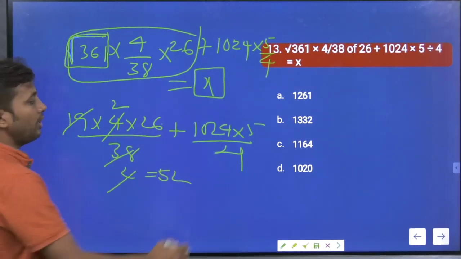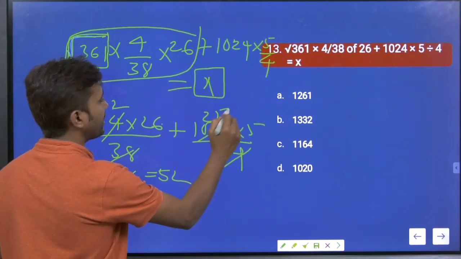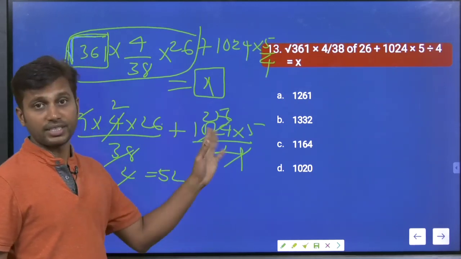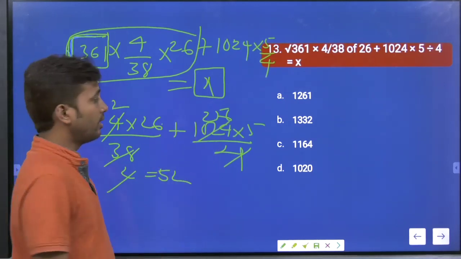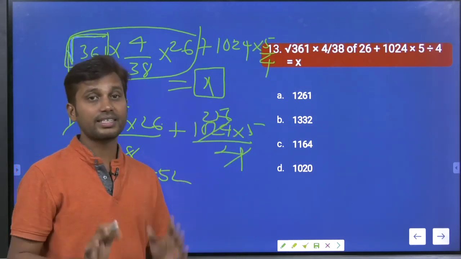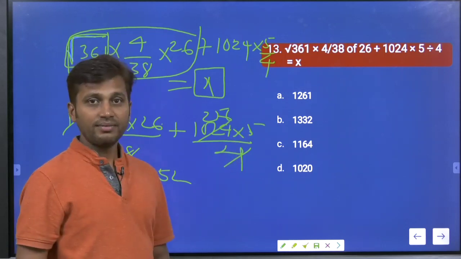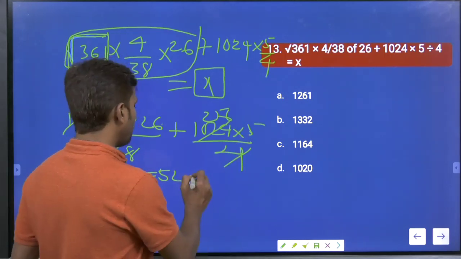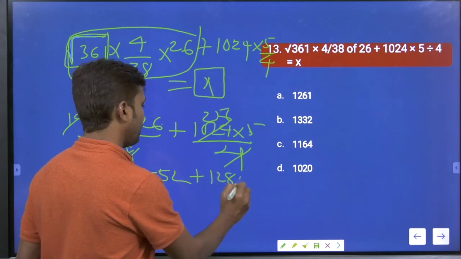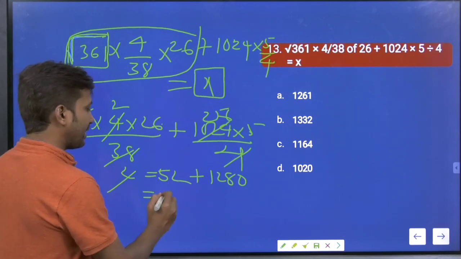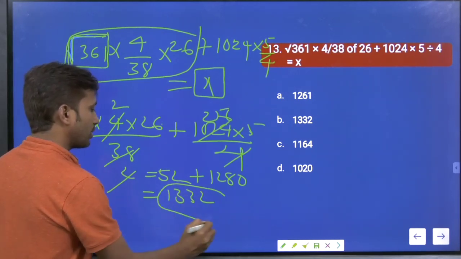And for 256 we can get 1024. Is that right or not? You should be aware of tables. That's a basic thing. For 256, 256 5s are, again this is a task, 255 is 1250, 6 5s are 30, means 1280, or not? So here this is 1280 and 52. 1280 and 52 means what? 1332, or not? So this would be your answer.